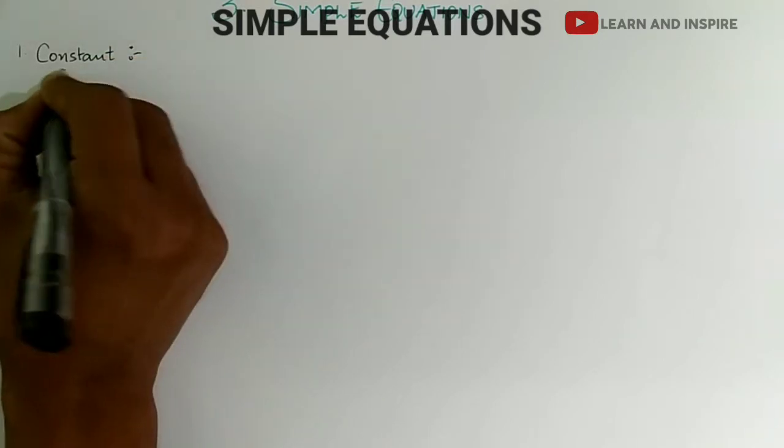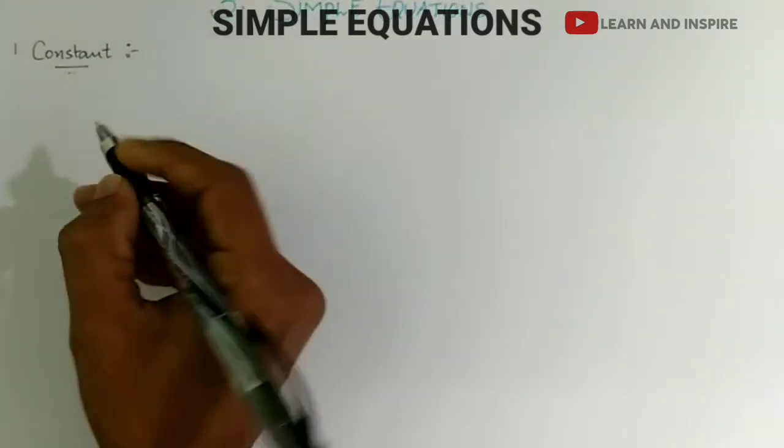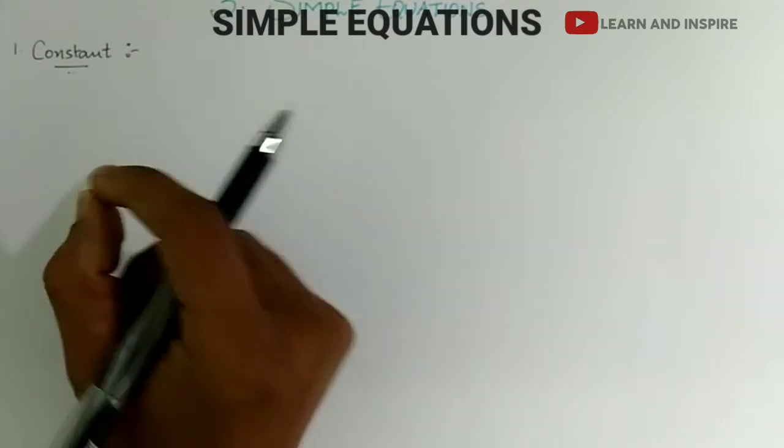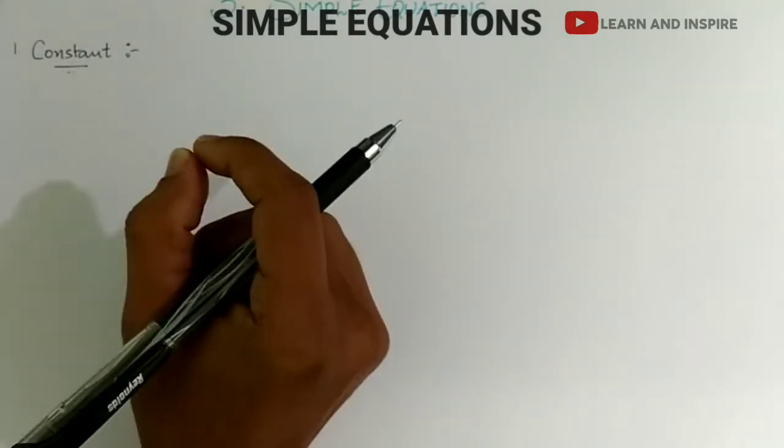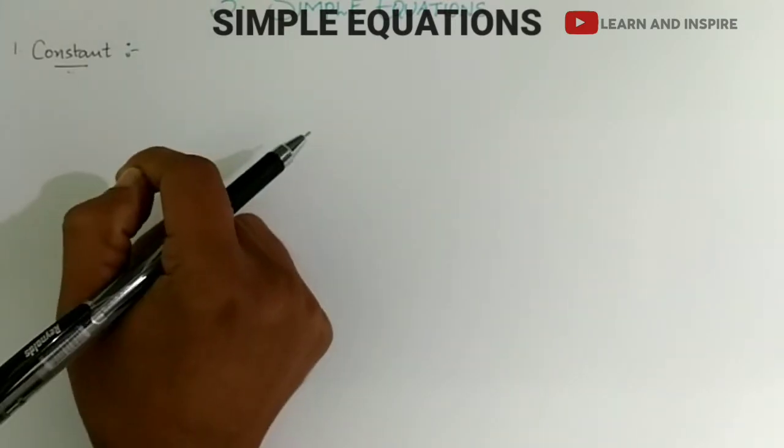So what is a constant? A constant is nothing but the fixed values are called constants, or we can say which have only one fixed value.